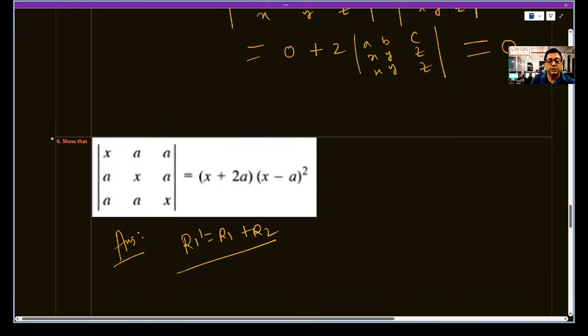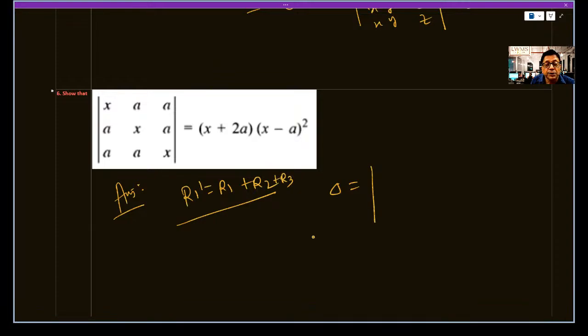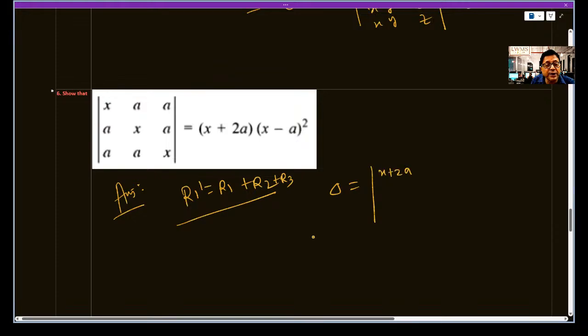Have you got it? This is very easy. Delta equal to what? By adding, oh, R1 dash equal to R1 plus R2 plus R3, sorry. So this will be X plus 2A, X plus 2A, and this thing is A, X, A; A, A, X. Take X plus 2A out. 1, 1, 1.